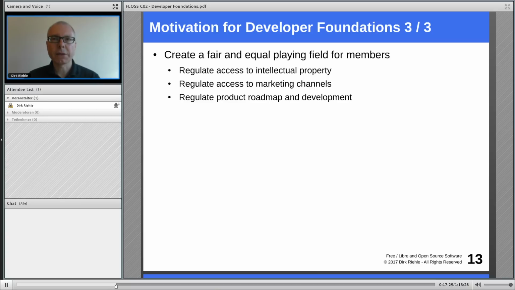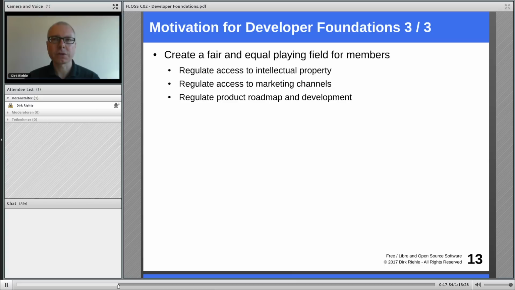Okay, and the third motivation for developer foundations is to create a fair and equal playing field for the members of the foundations, because what the foundation does is to regulate the access to any intellectual property rights that may be needed to make use of the software. Typically, that's a trademark.